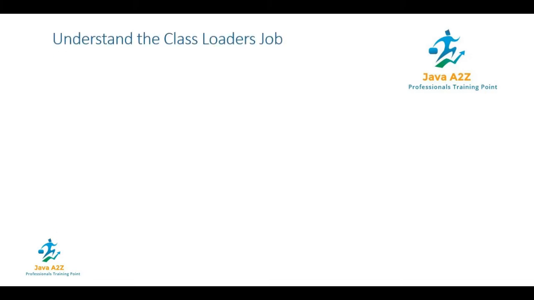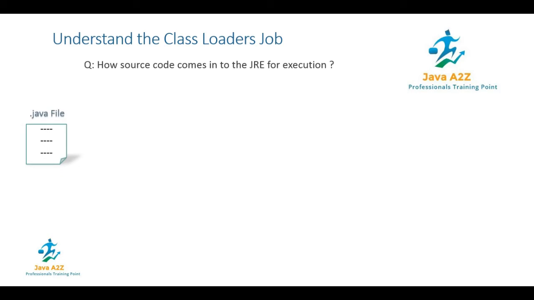Now we have to learn the class loader's job. Another question is how source code comes into the JRE for execution. Suppose you have written your program in the Java language. So you have a .java file. For the Java source code you have the javac compiler. Using the javac compiler you will compile your program to a .class file. This .class file is bytecode. This bytecode is platform independent.